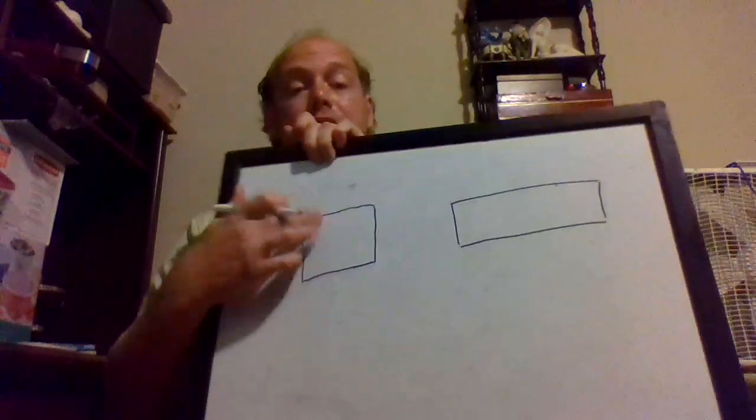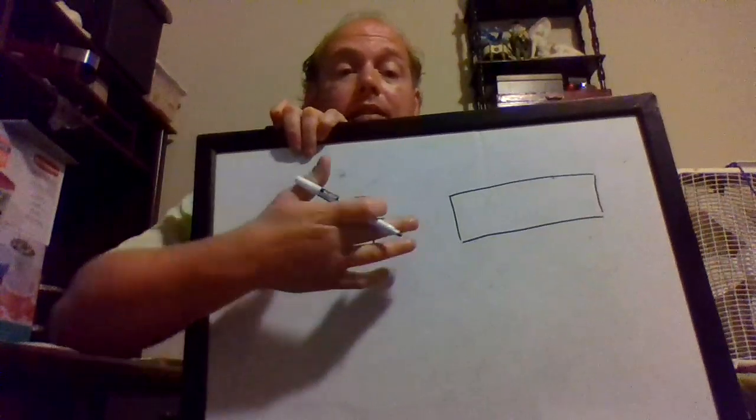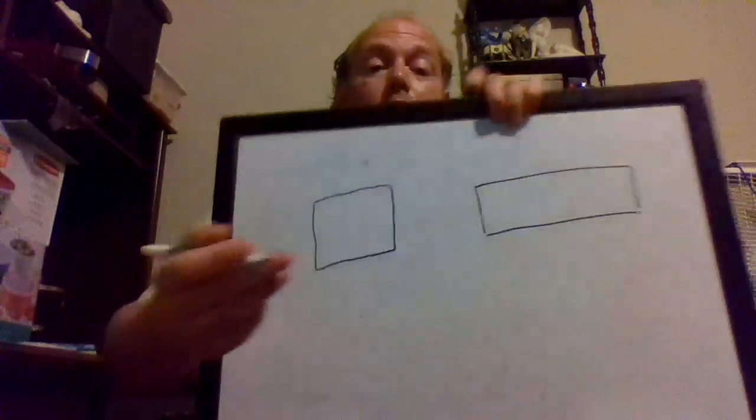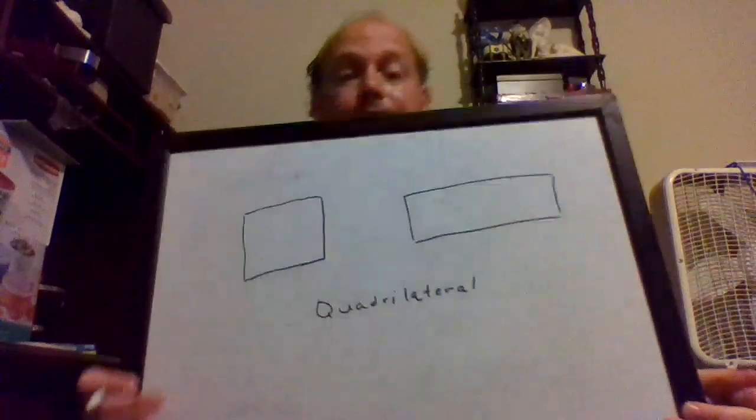So this is a square and this is a rectangle. And we call these both by a very funny name that you may or may not have heard of. Quadrilateral. These are called quadrilaterals.